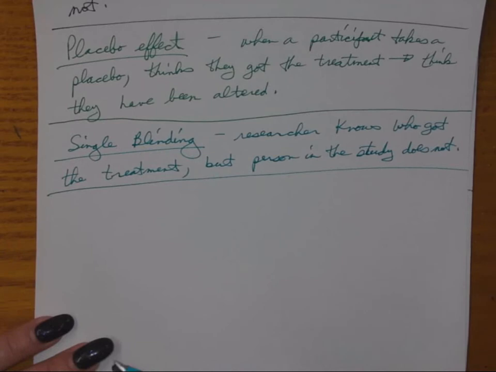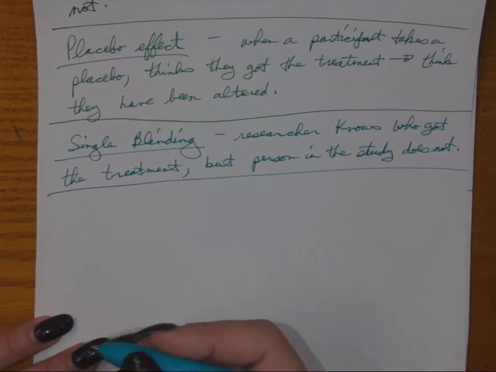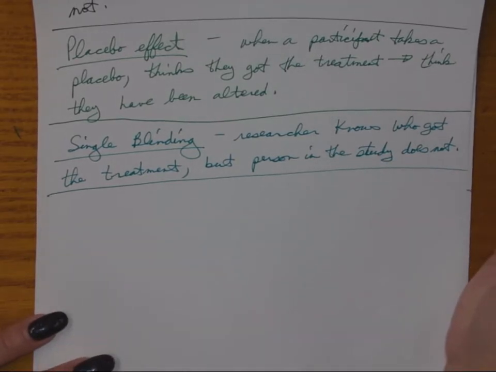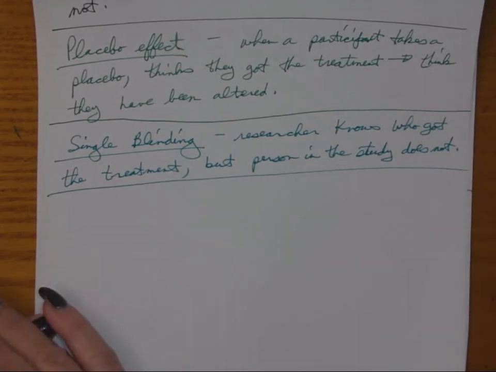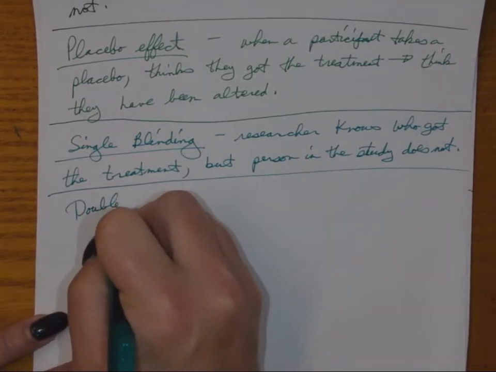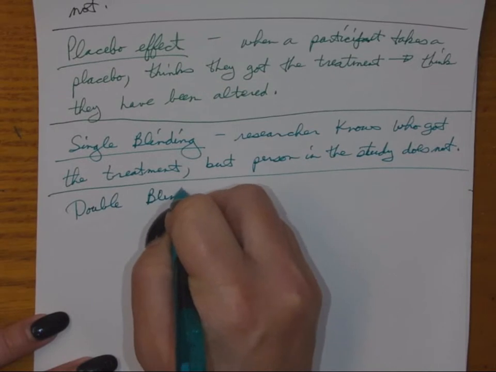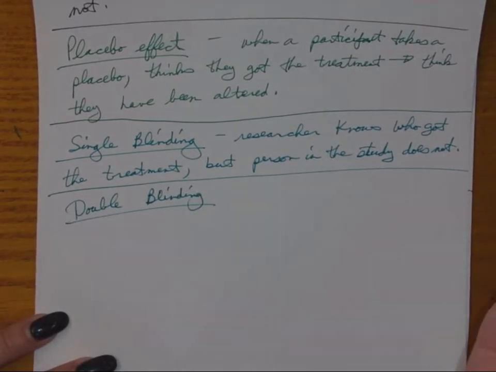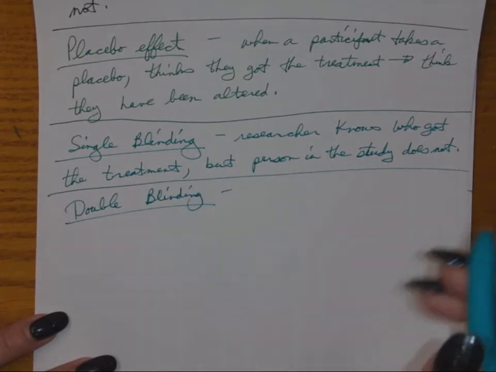But in something like the antidepressant thing, where I could alter the outcome by giving hints or physically nodding or whatever, then sometimes we might not want even the researcher to know, right? In that case, it's called double blinding. Okay, single means one person knows, one doesn't. Double means neither one of them knows.